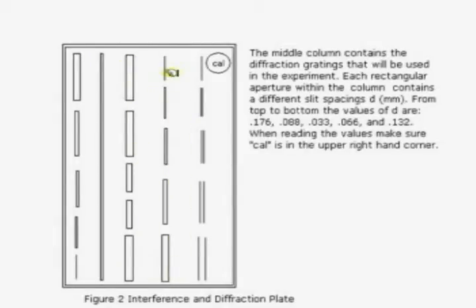Of course, the inverse of that is the grating constant. So we can have a number of gratings with different grating constants. And then we also have a series of double slits with different spacing between them. These double slits we'll be using for interference, and these gratings we'll be using for the diffraction.